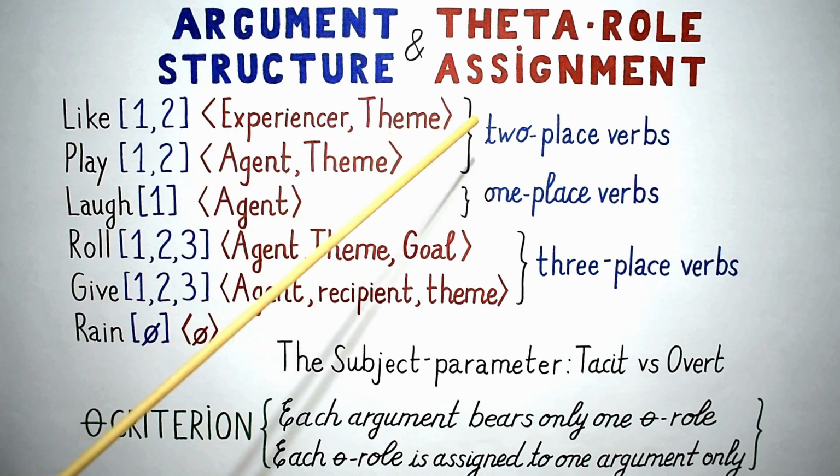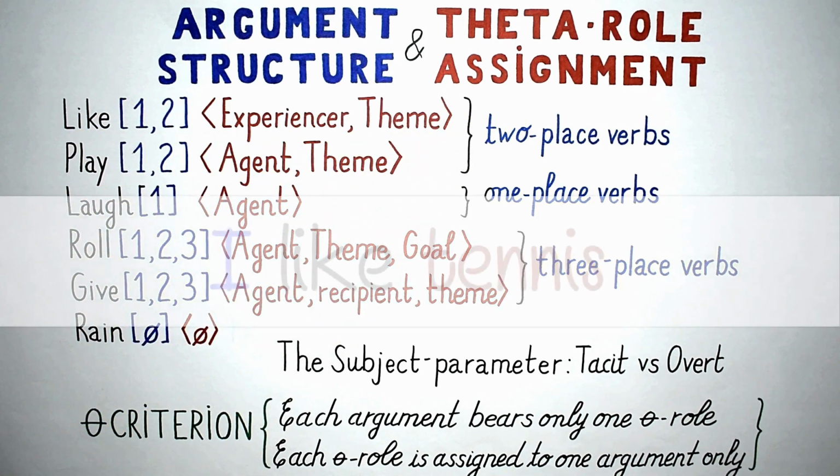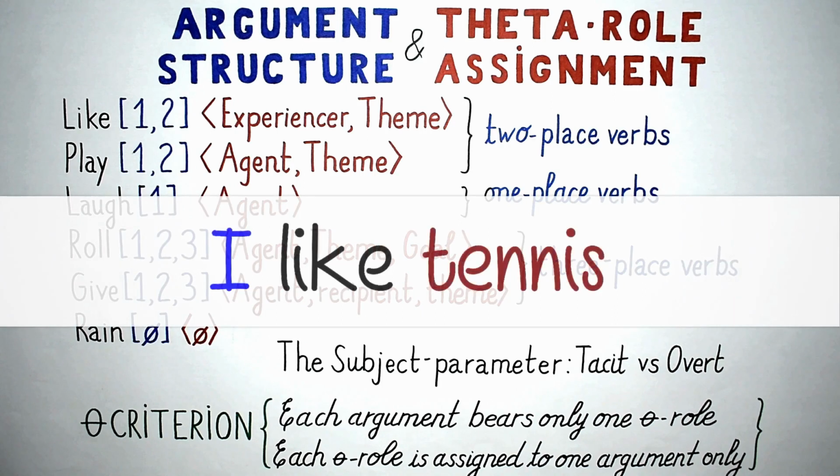And we made reference to the sentence "I like tennis," and we said that in "I like tennis" there is a clear predicator, the verb like, which requires two arguments: the entity I and the other entity tennis, where tennis is the object of what is being liked, and I is the experiencer or sensor of the verb liking.